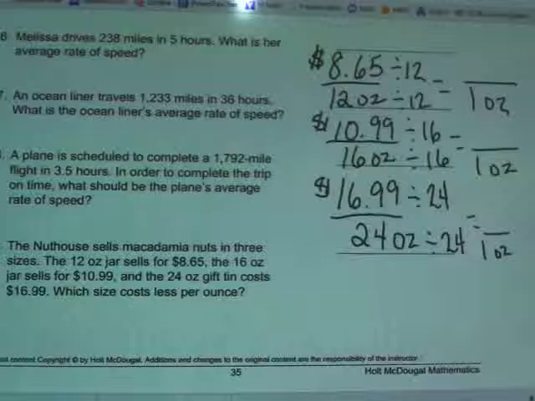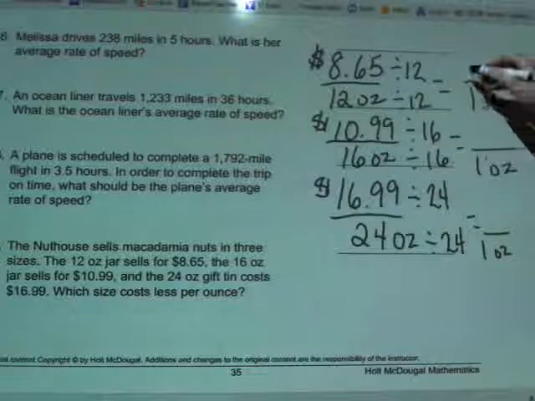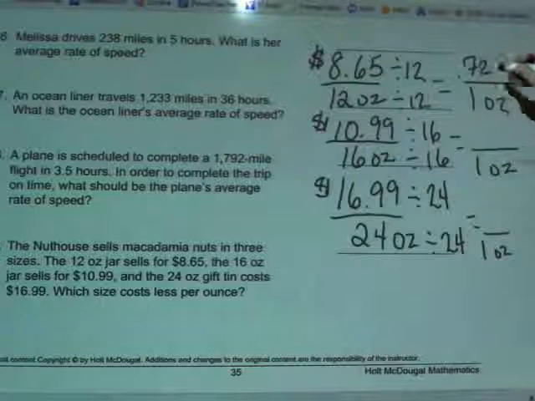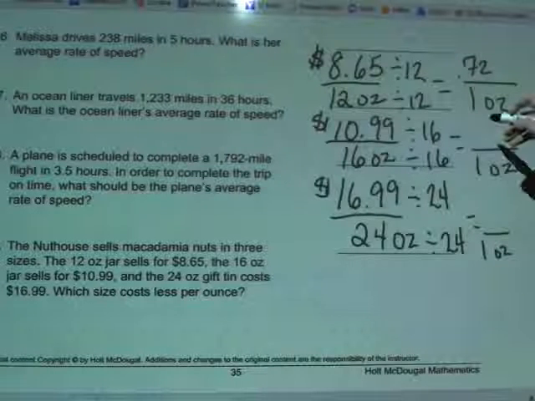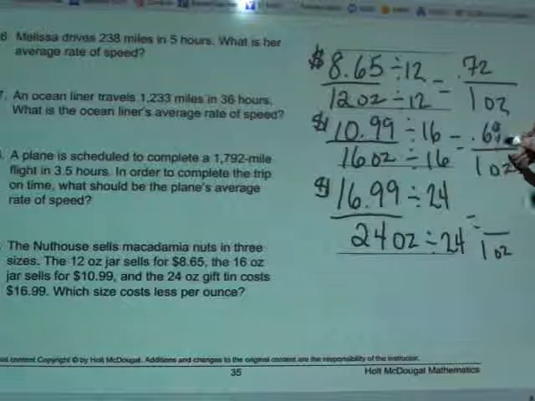The first one, $8.65 divided by 12, is 0.72083 repeating. So we're paying about 72 cents an ounce there. The second one, $10.99 divided by 16, I find out I'm paying 0.686875, or about 69 cents an ounce.